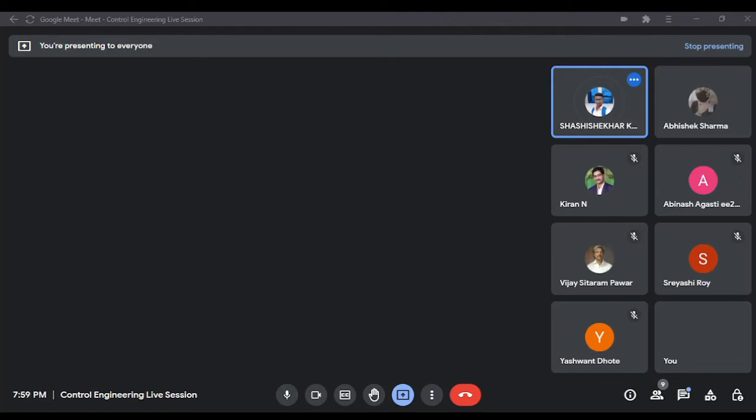This is our closed loop transfer function. Now I can see what the step response will be.